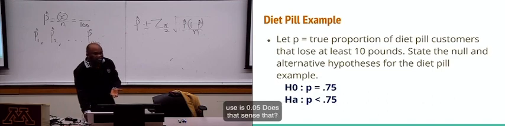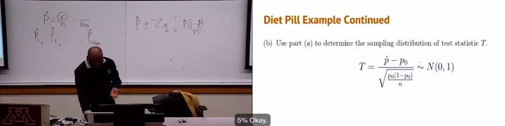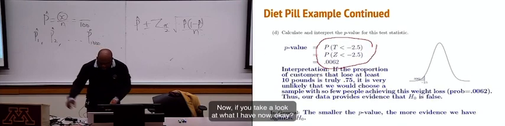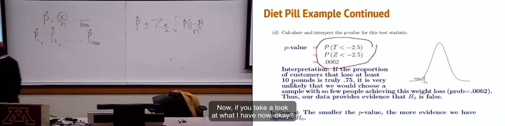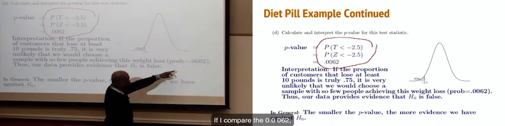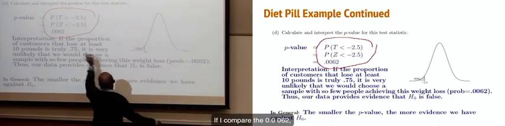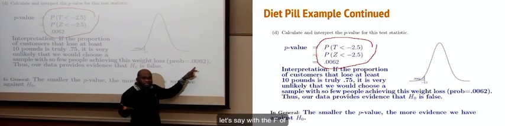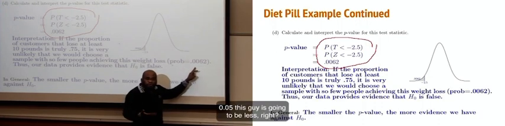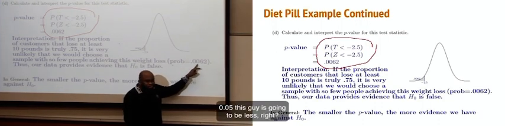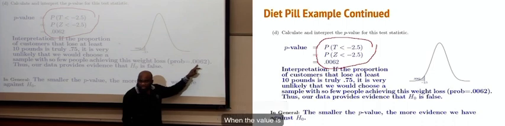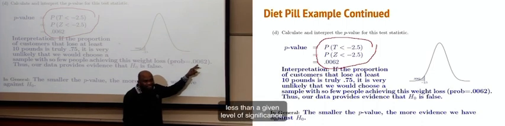That we call 5%. If I compare the 0.0062 with the alpha of 0.05, this is going to be less, right? And when the p-value is less than a given level of significance, the null hypothesis will be rejected.